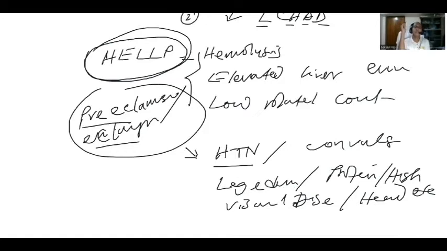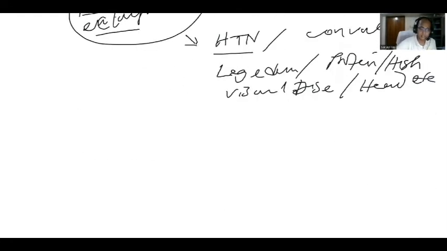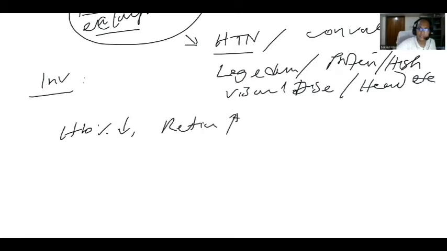So patient develops HELLP syndrome on the background of preeclampsia and eclampsia. In this patient, the investigation findings will be features of hemolysis. That means hemoglobin percentage will be low and reticulocyte count will be high, that is more than 2%.